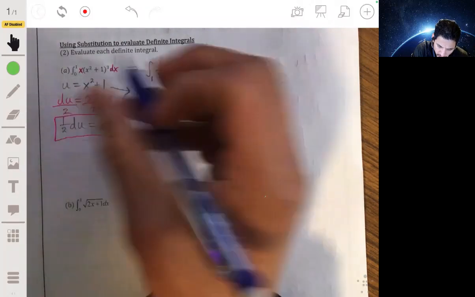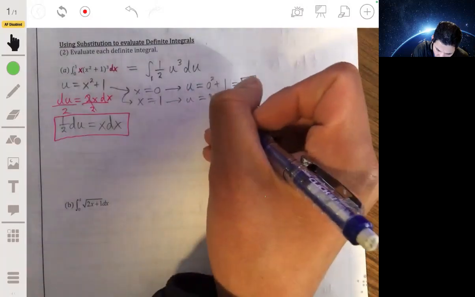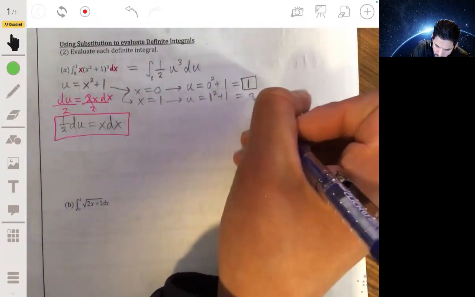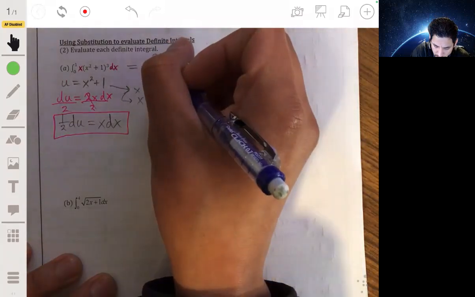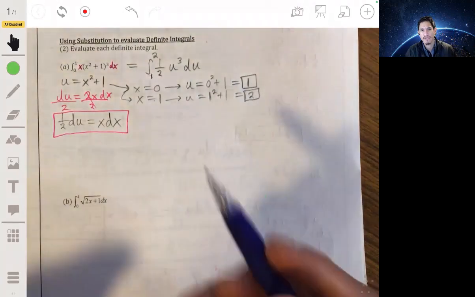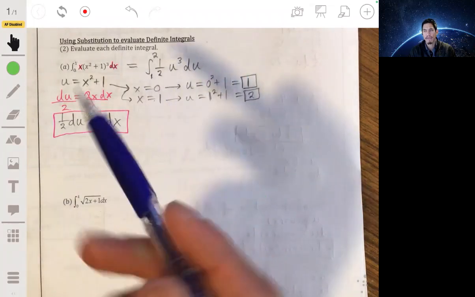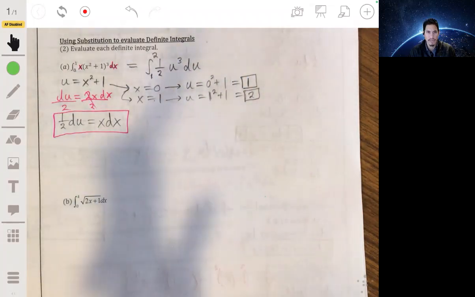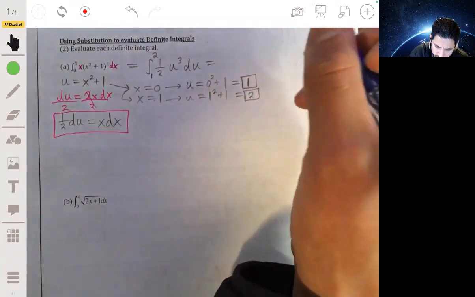When x is 1, u will then be equal to 1 squared plus 1, which will just be 2. And then we can rewrite the top endpoint as 2. And then from here, all we have to do is finish the problem, and we don't have to worry about the variable x anymore. So I usually like doing this because I feel that it's easier and faster.